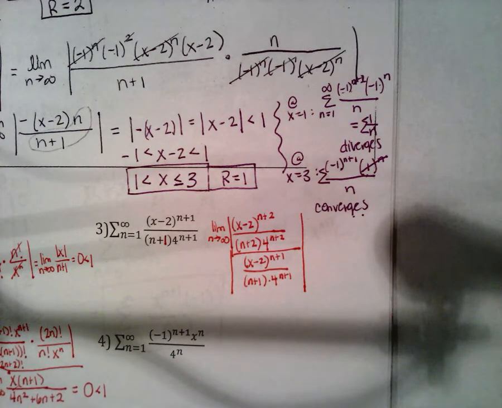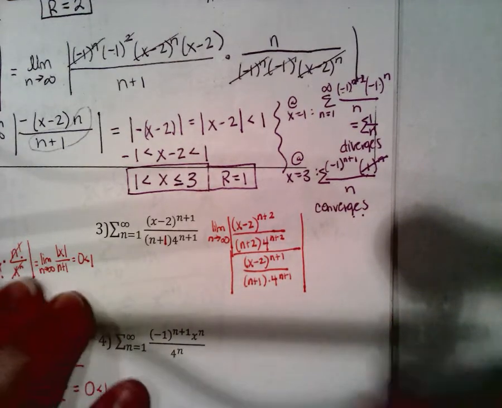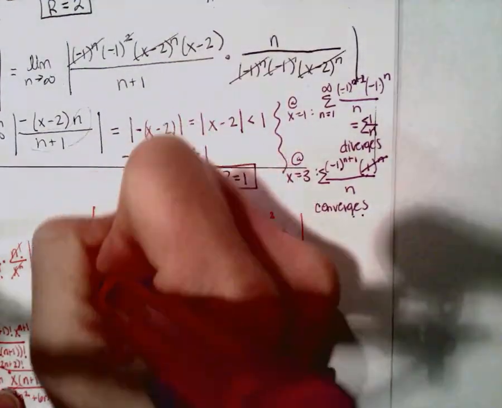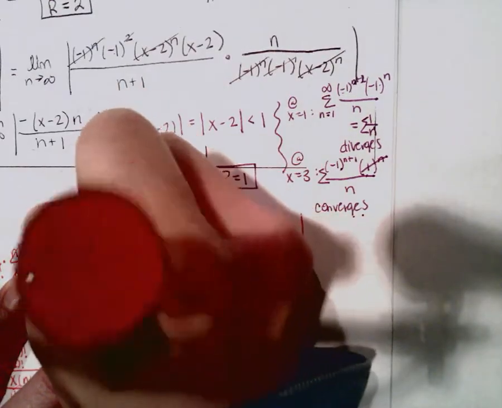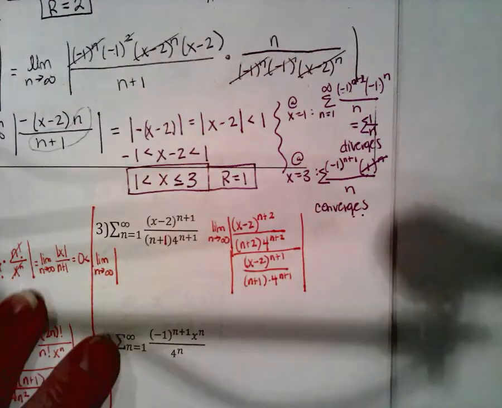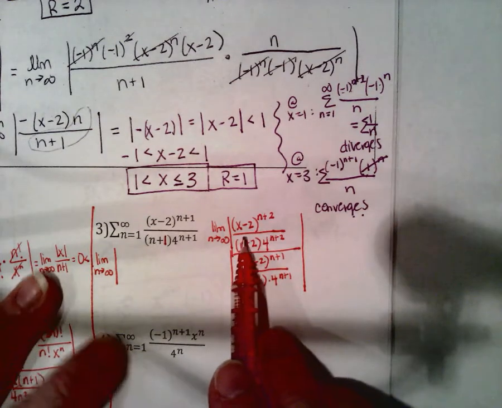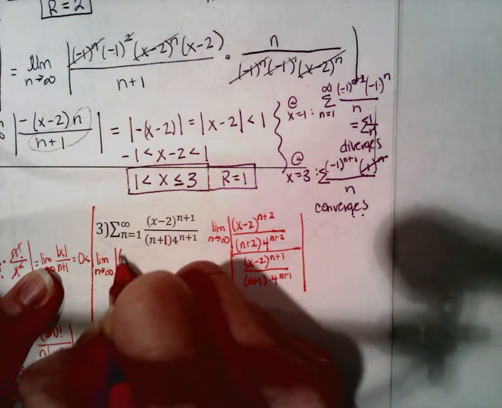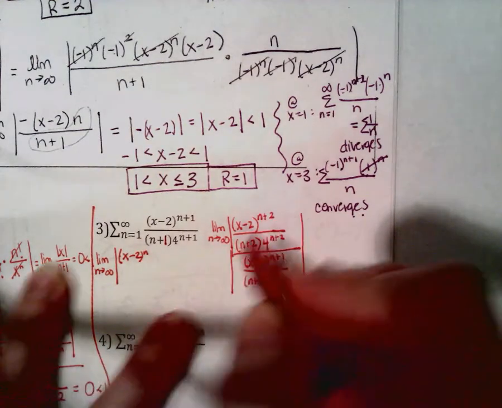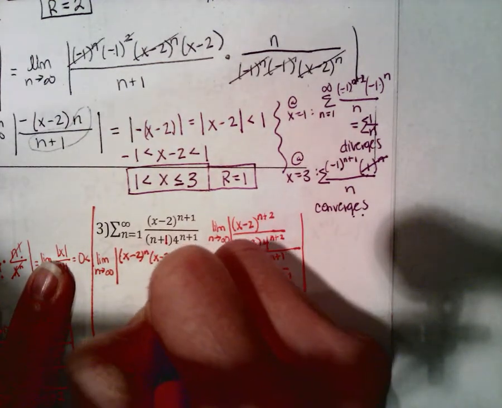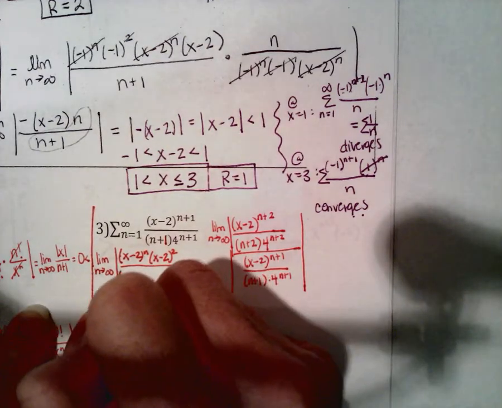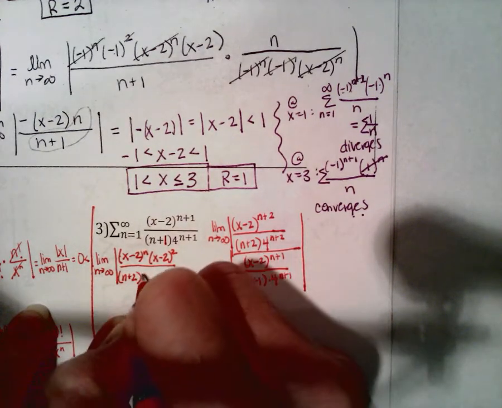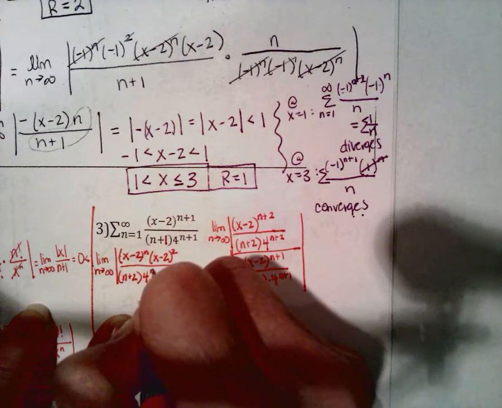So I need to flip and multiply and reduce, all that. So let's come over here and do that. The limit as n goes to infinity of x minus 2 to the n times x minus 2 squared over n plus 2 times 4 to the n times 4 squared.